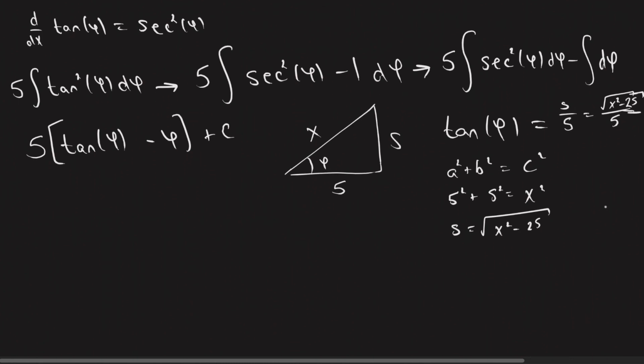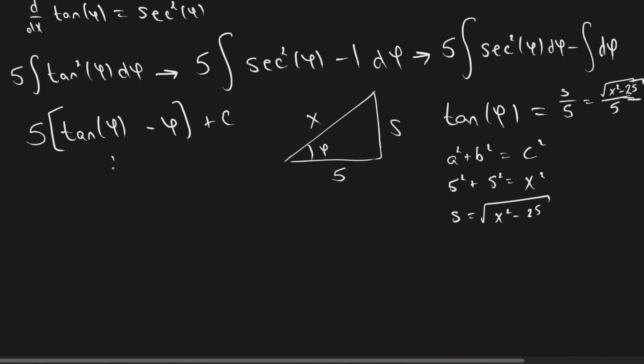Okay, so we're now going to bring this down, and we see that tan is equal to that, and we're going to simplify this out, obviously. I love simplifying things. Minus 5.